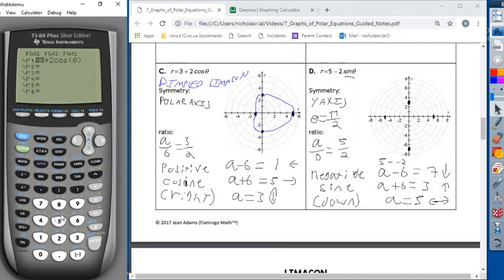And when I graph this, I'm going to do 5 minus 2 times the sine of theta. Graphing the equation, it does look like it hits all of these important points.